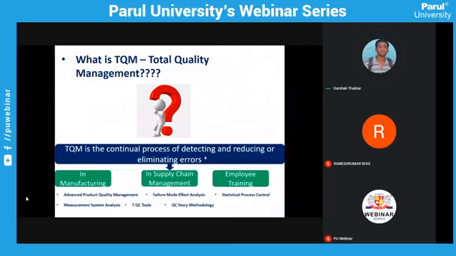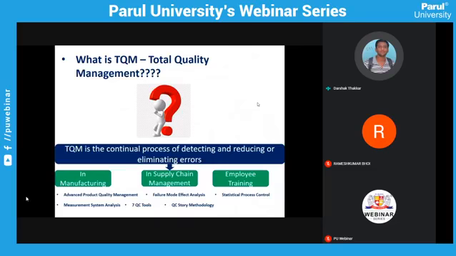what is TQM? TQM means total quality management. TQM is the continual process of detecting and reducing or eliminating error, right? Generally, you know very well that in industry quality means the product should be made without any defect, right?